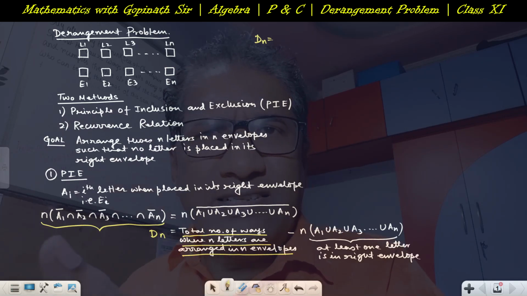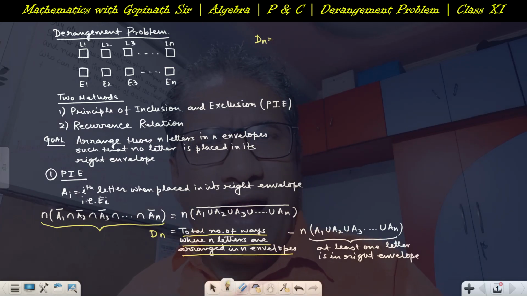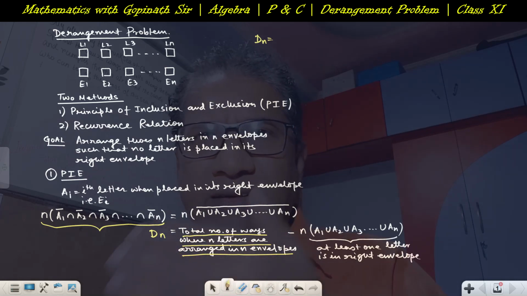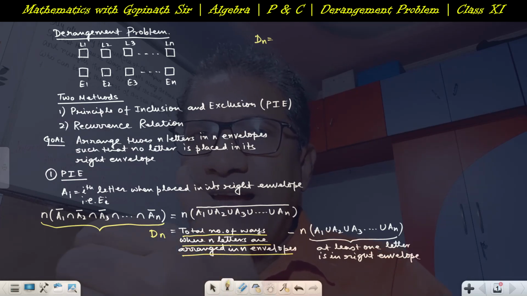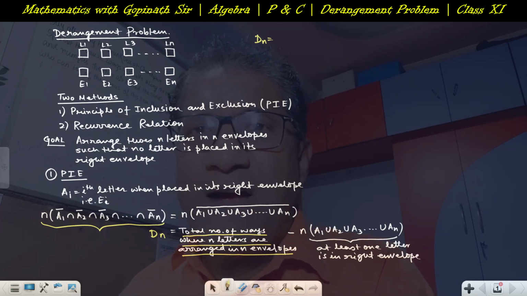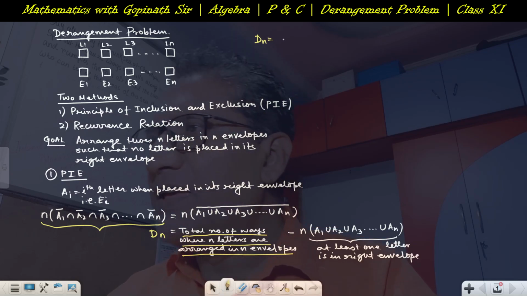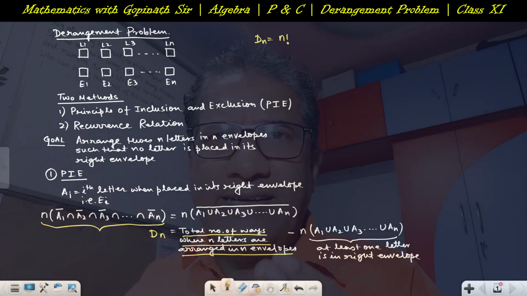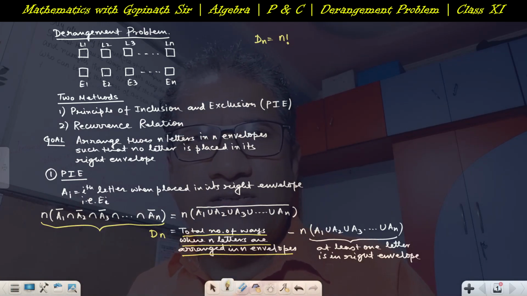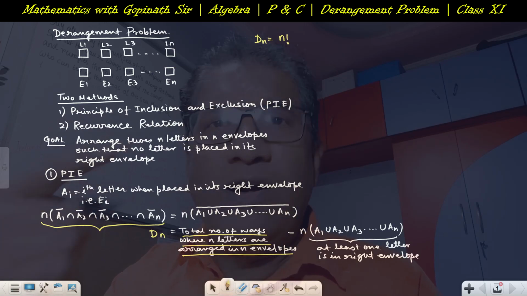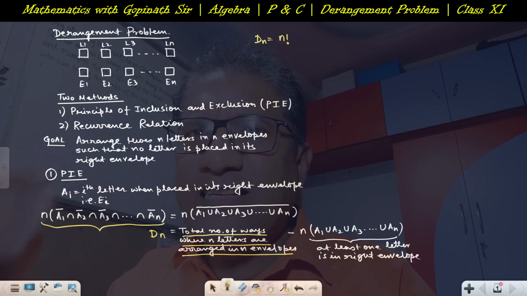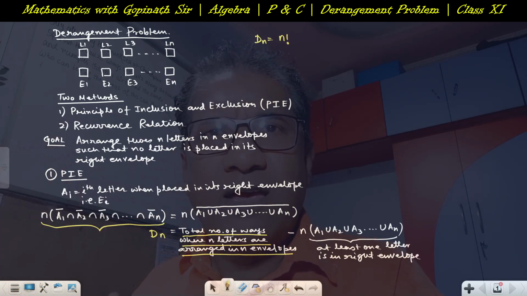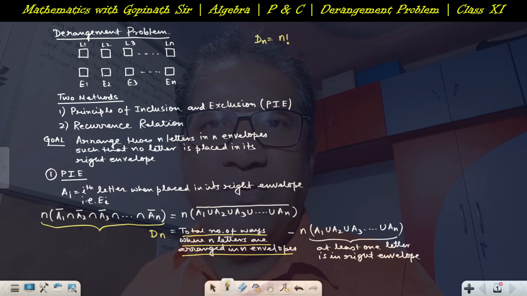There are n letters and n self-addressed envelopes. One envelope can hold only one letter. So in how many different ways can these n letters be placed in these n envelopes? It will be factorial n different ways, right?